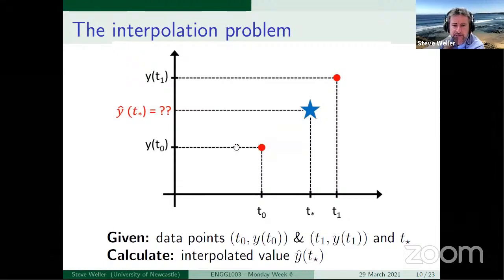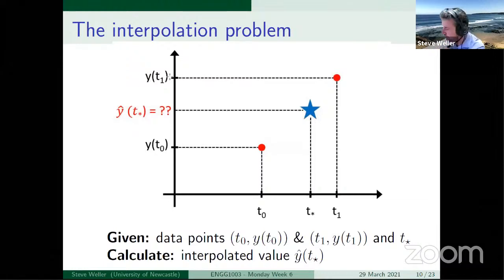here that's indicated as the height on the vertical axis of the point corresponding to the time t0, and I've indicated that with the red dot. These are the red dots that I've presented in the earlier slides. So we're given a function value at that point in time, and we're also given a function value at a second point in time. The second point in time is t1. The function value at that time is y of t1.